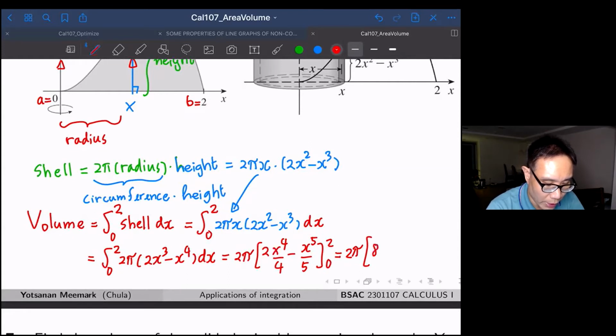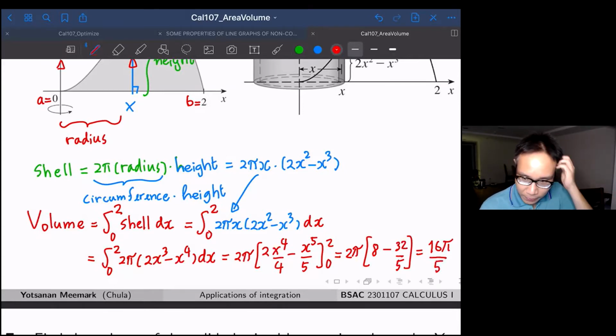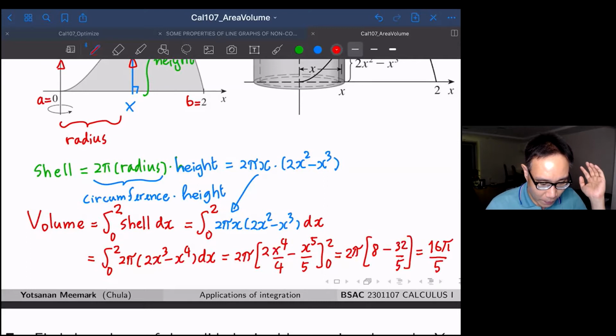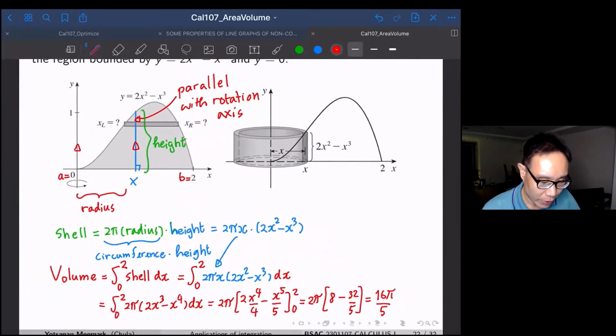So it's going to be 8 minus 32 over 5, which is 8 over 5. So it would be 16 pi over 5 for the final answer. Okay, so this is just the volume of the solid by using the method of cylindrical shell.